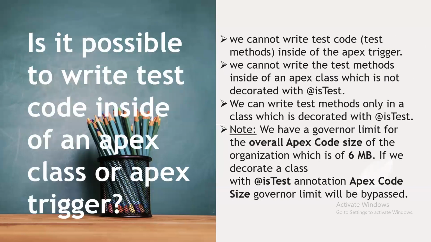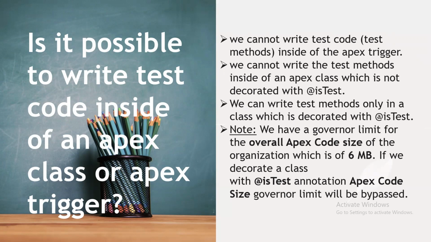So is it possible to write test code inside an Apex class or Apex trigger? No. We cannot write test methods or test classes inside the trigger, right? Why? Because we are not decorating it with @isTest, right?